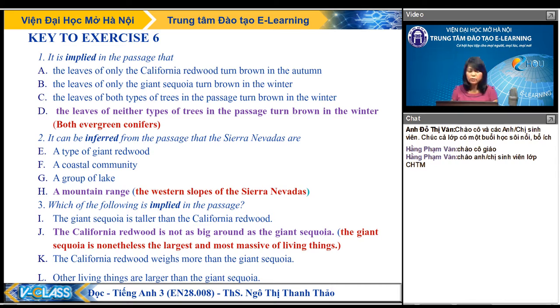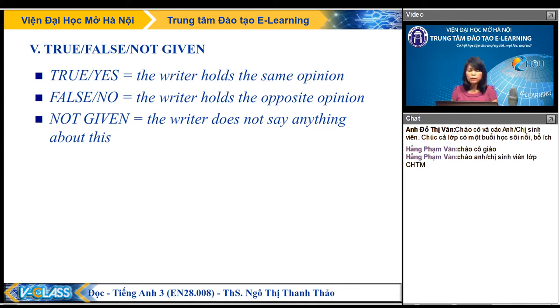So the answer to question number 3 is number 2, right? Is that clear to you? Do you have any questions for exercise 6? Okay, if not, let's move on to the next one.